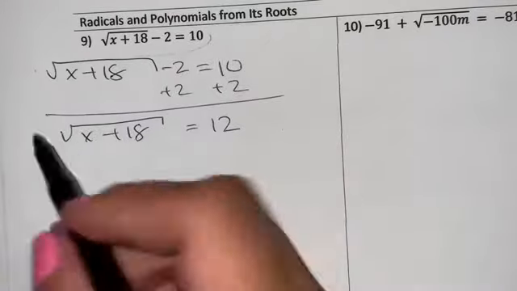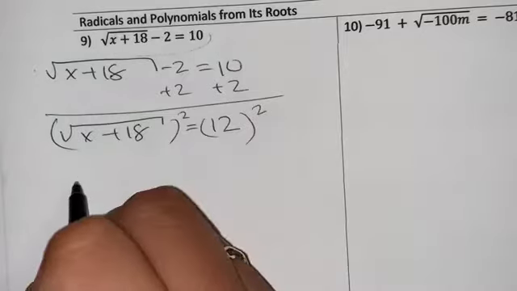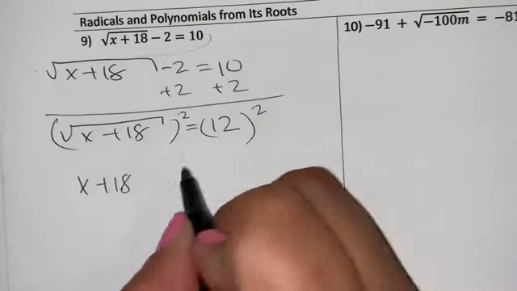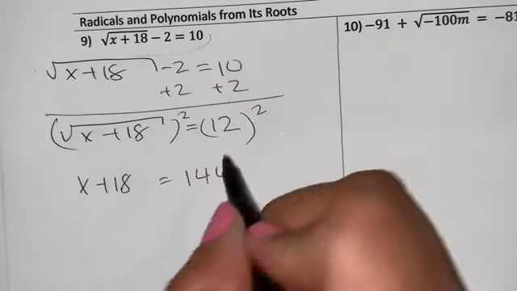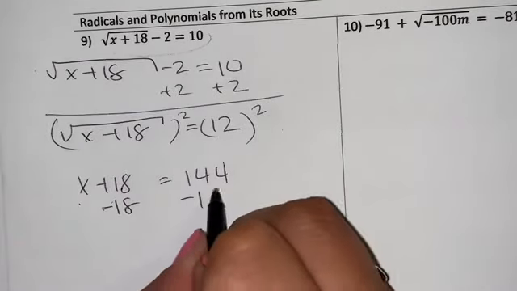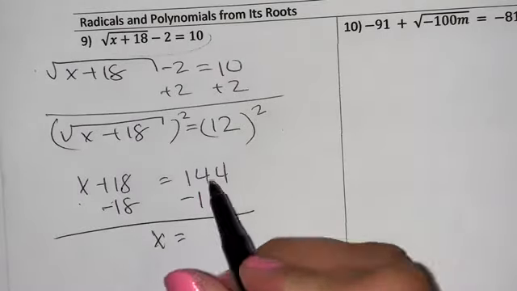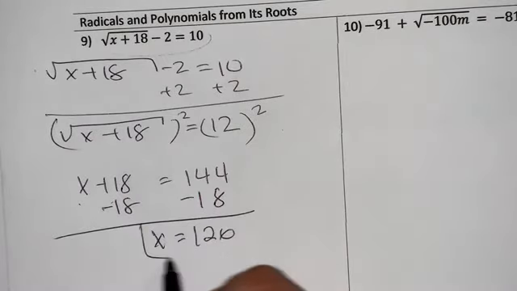Now we have to square both sides. So x plus 18 equals 144. And then we're going to solve for x. So minus 18, x equals 126.